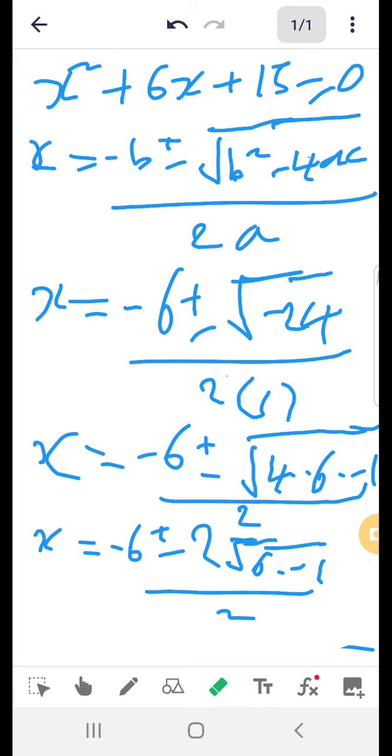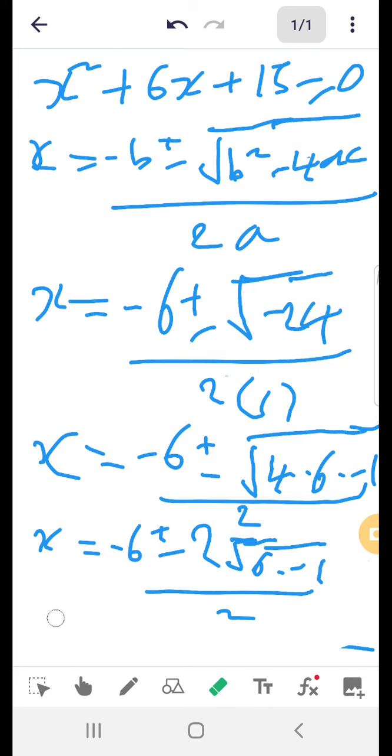Okay, so now here, there is 6 times negative 1 in the square root. So what do you do to deal with this? Well, first, let me just try to simplify it.